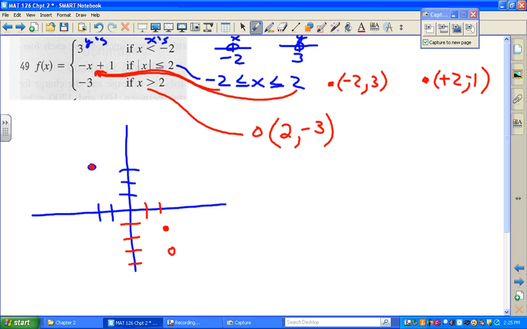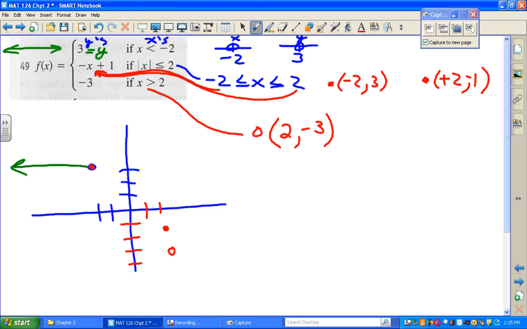Well, this 3, the equation, what's the line look like if y equals 3? It's a straight line, right? Well, that means for everything on the left side of this open circle, it's going to be a straight line at 3. What kind of lines connecting the dots that are both closed?